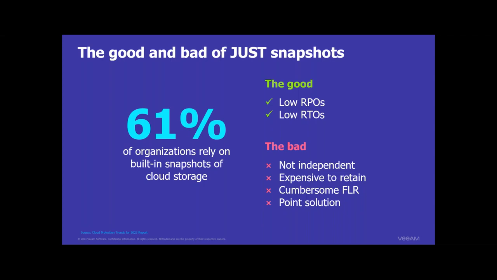And for those of us on the call who are backup experts, might be feeling a little bit of cringe because we know that that can be an incredibly expensive design structure, right? It's expensive, it's cumbersome, and it doesn't really consider the sort of portability and migration that might be required to move data to lower cost storage like object storage, or to even exfiltrate from the cloud.